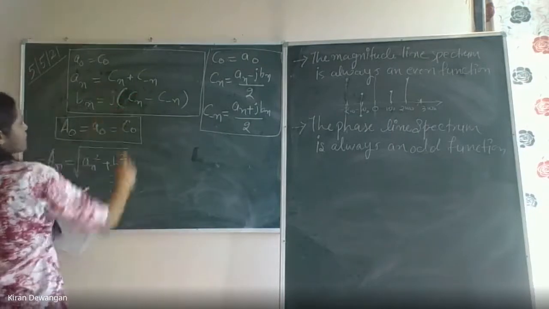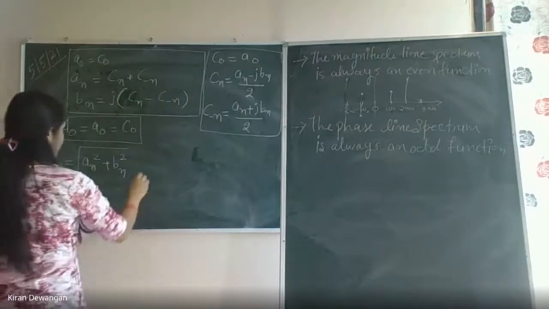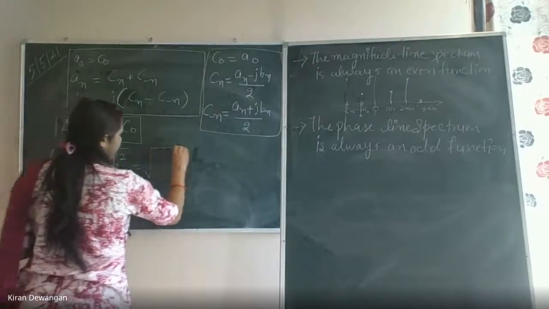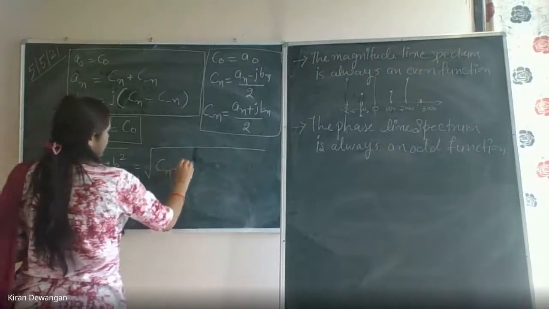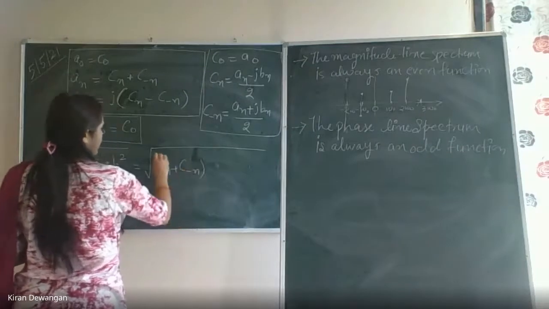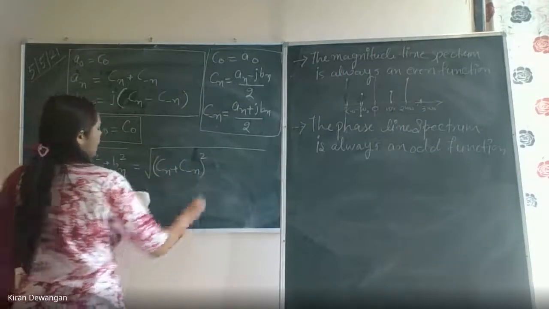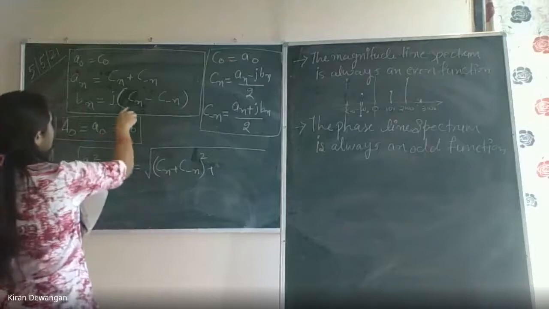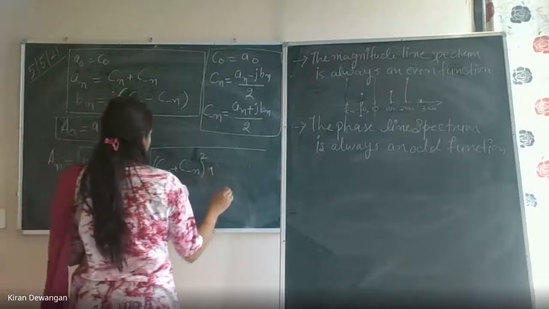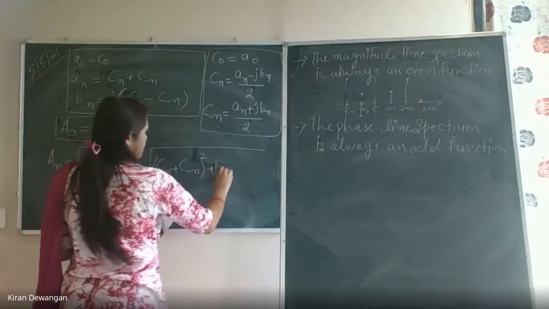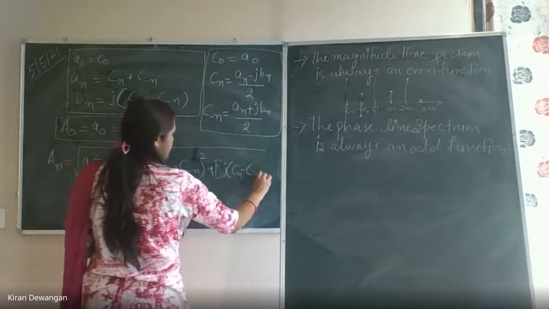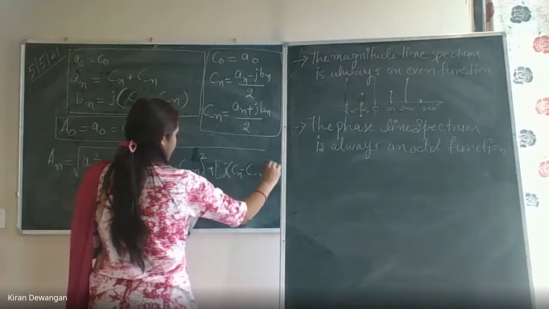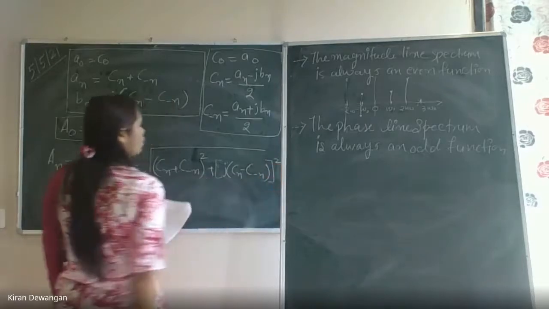An is cn plus c of minus n. So I can just replace it and I can write it as this one, cn plus c of minus n the whole square plus bn is what? It is j times, ठीक है, j times cn minus c of minus n the whole square.